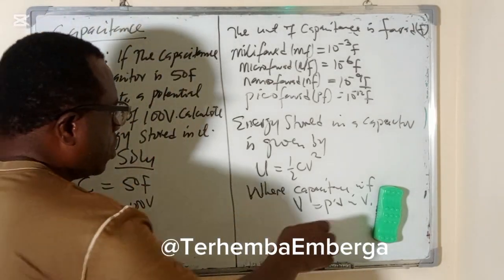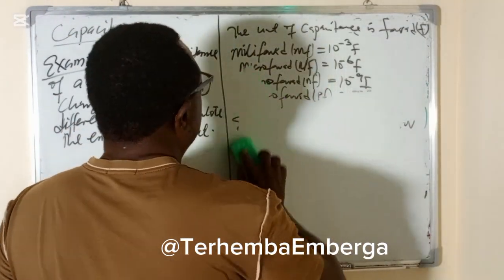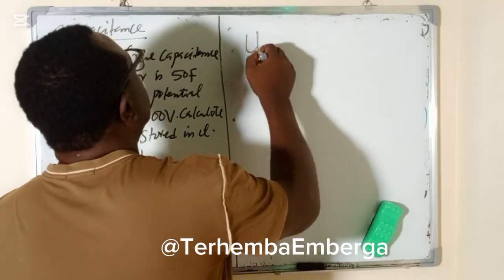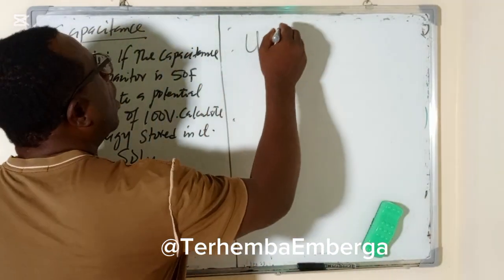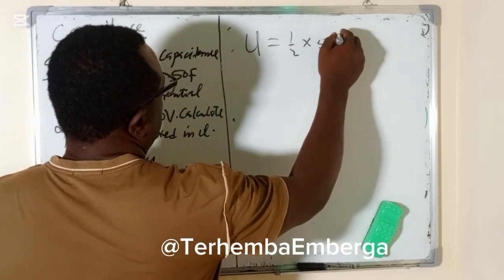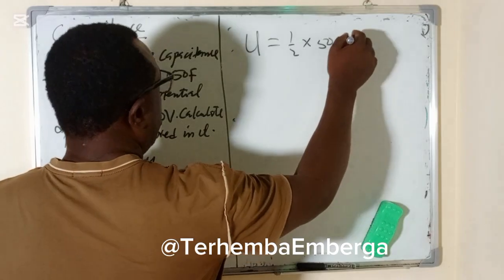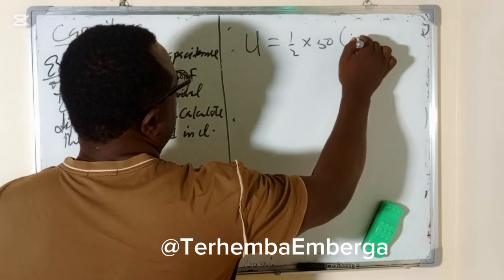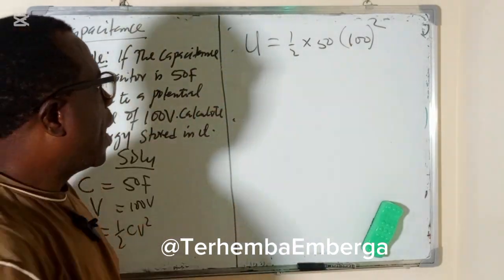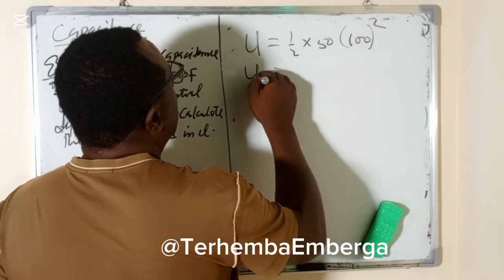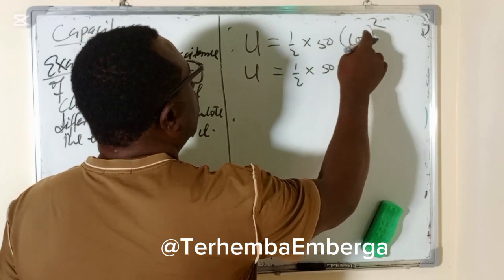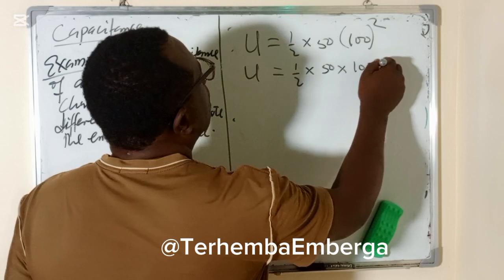So we now substitute by saying that U is equal to half times 50 times 100 squared. So you square this and U will be equal to half times 50 times 100 times 100 is 10,000.